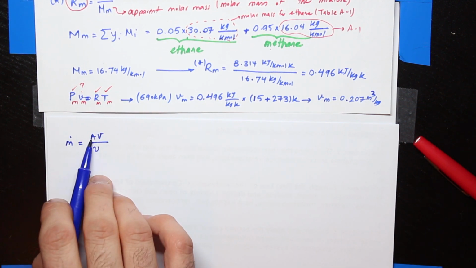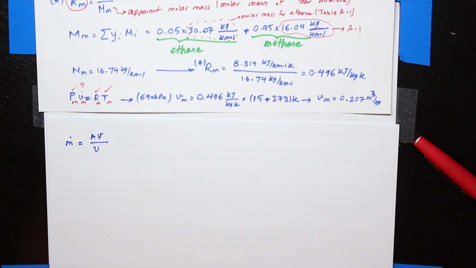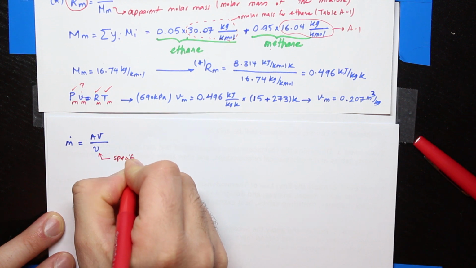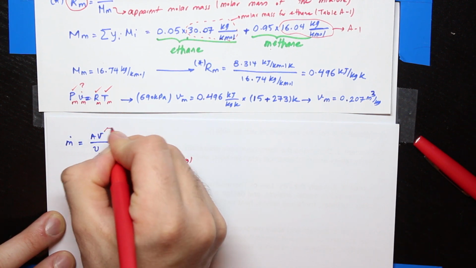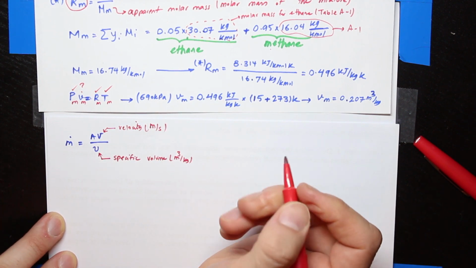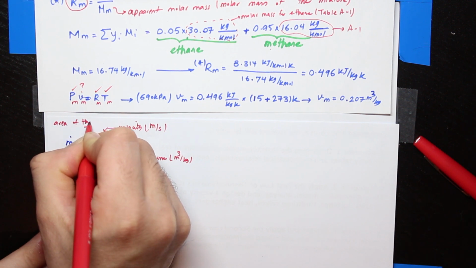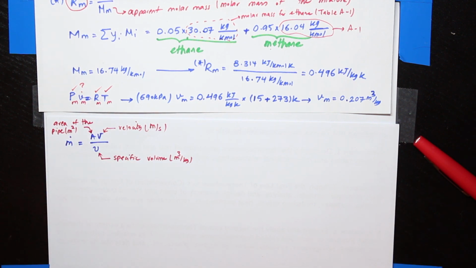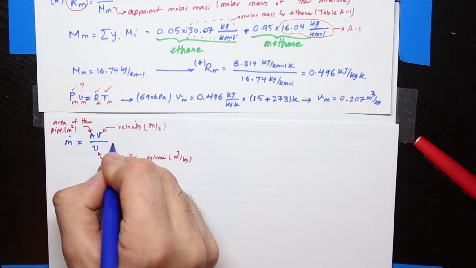This is the cross-section area of the pipe, this is the velocity of the flow, and this is the specific volume of the mixture, with the unit in meter cube per kilogram. This V is the velocity, meter per second, and this A is the area of the pipe, which is meter squared. So if you work with the units, you will see that you end up with kilogram per second.